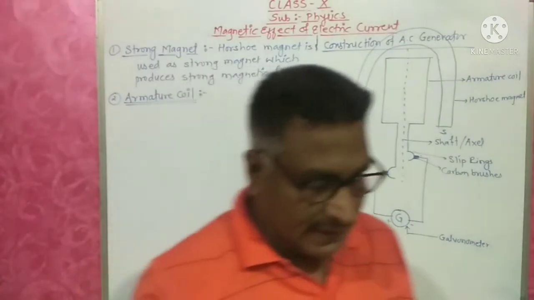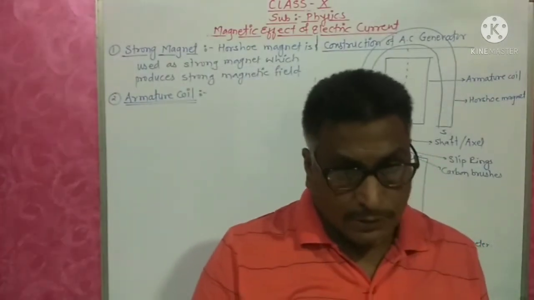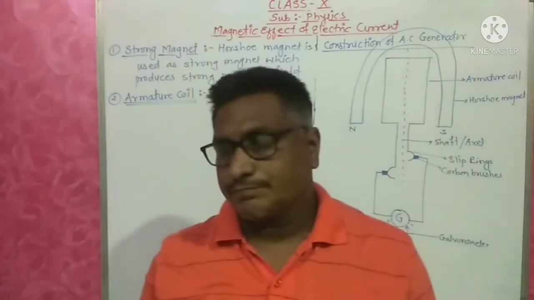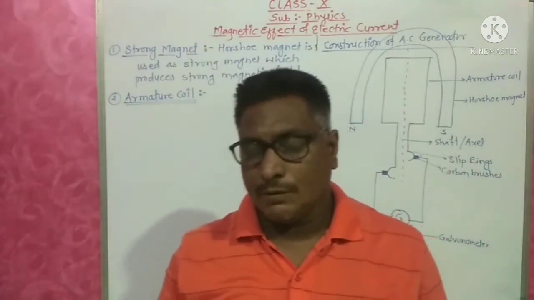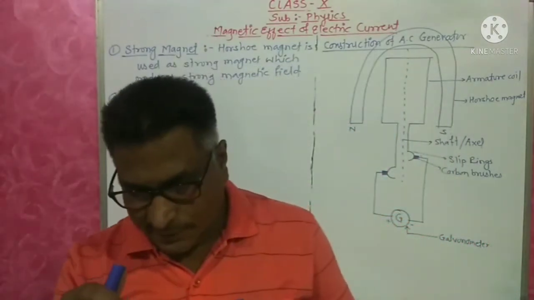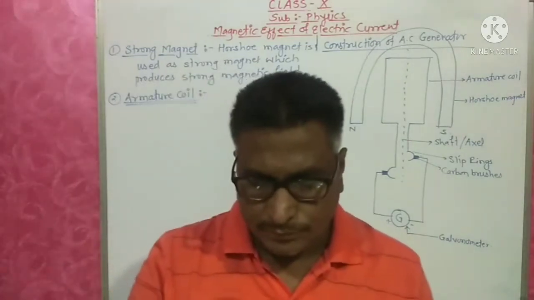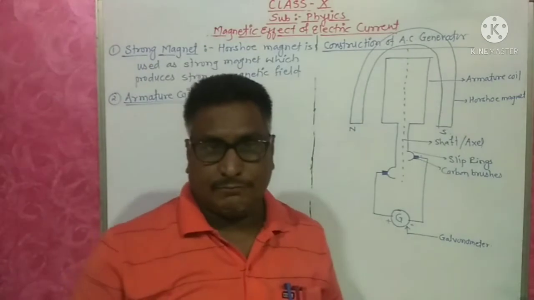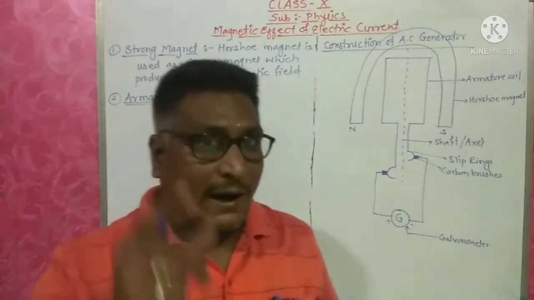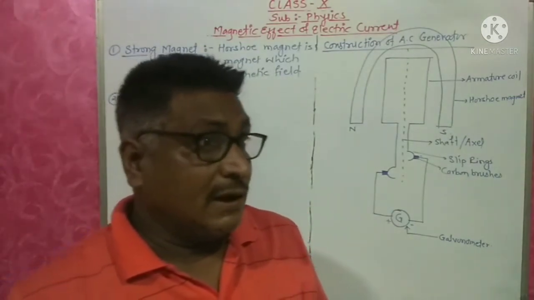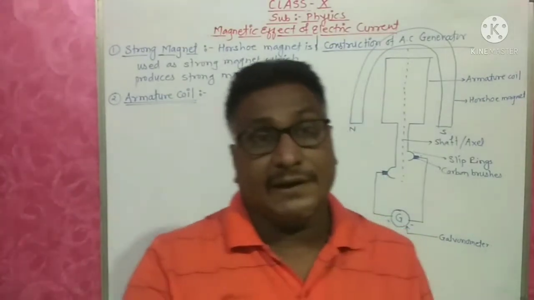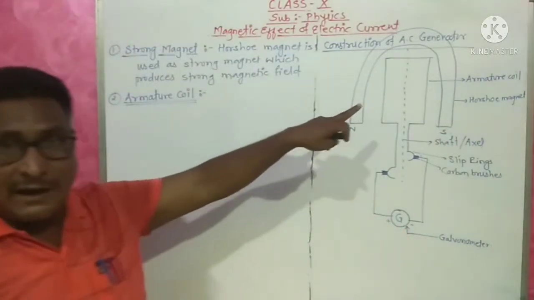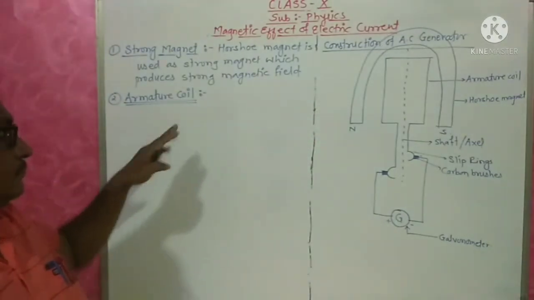In our daily language, what can we say? One nice word is there: winding. We say that due to a short circuit the winding burned. So that winding is the armature coil.